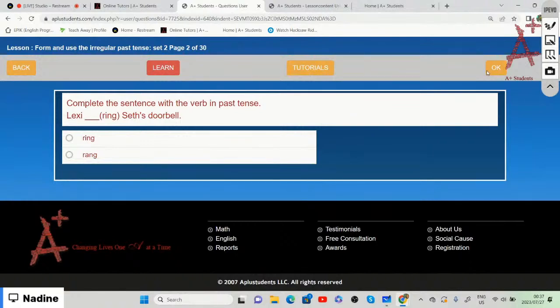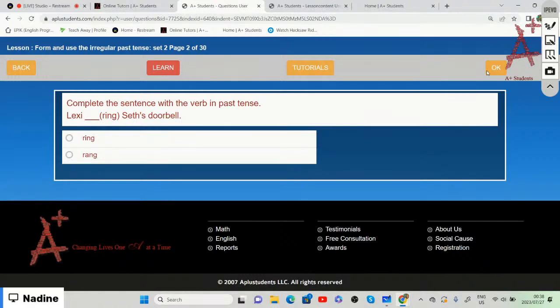Lexi ring Seth's doorbell. We need to change the word ring to the past tense form of that word. Is it ring? Lexi ring Seth's doorbell, or Lexi rang Seth's doorbell? And remember, these verbs are irregular, so we need to change it to the irregular past tense form.